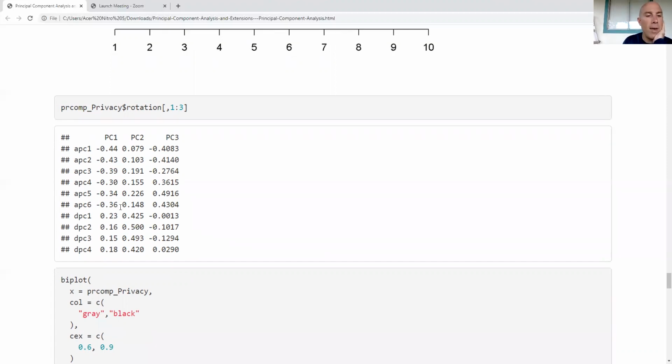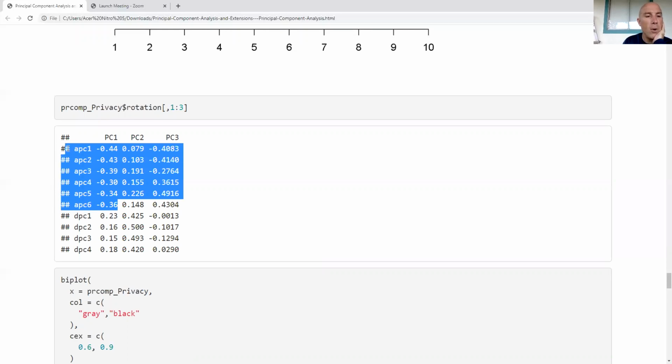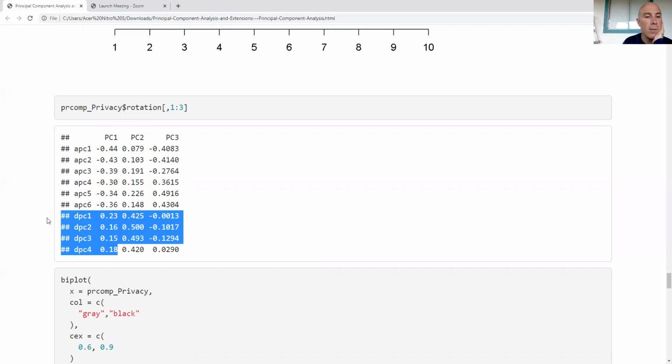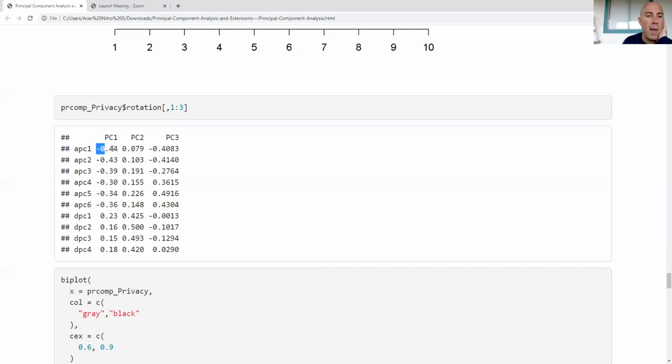And so we can see that, like in the first one, I notice that I've got large values, I've got negative values here, and I've got positive values here. So when I want to interpret this, I want to start with the biggest magnitude, then the second biggest magnitude, then the third biggest, and so on, until I feel like I know what's going on.